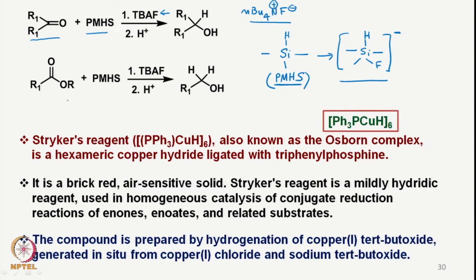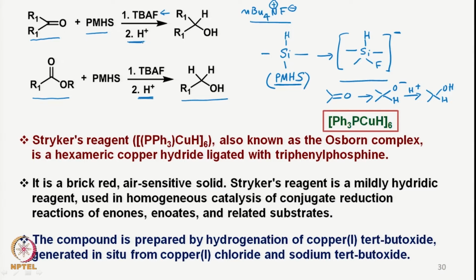In a similar fashion we can convert an ester to the corresponding alcohol if we use two equivalents of PMHS and TBAF, and the anion which is going to be formed after the carbonyl group gets reduced is then protonated to form the corresponding OH. So, you have to use a proton source later on during the next step.